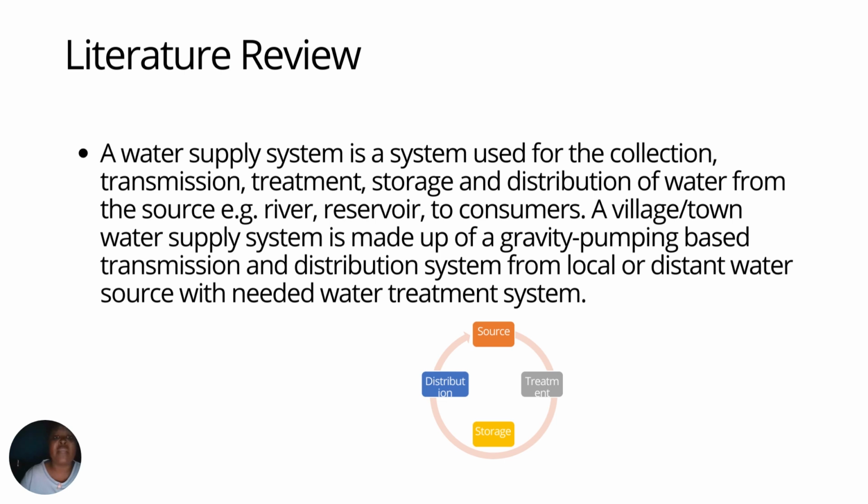Now, this is just a schematic representation of how the distribution works. From the source, the water goes to the treatment plant, and then from the treatment plant to the storage, and from the storage, the water is then distributed to the tank, from the tank to the village.